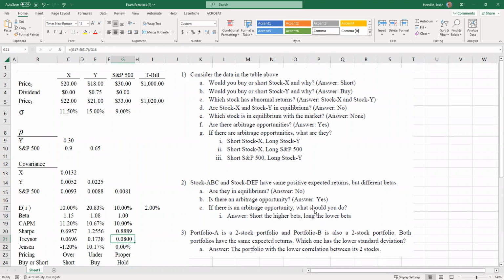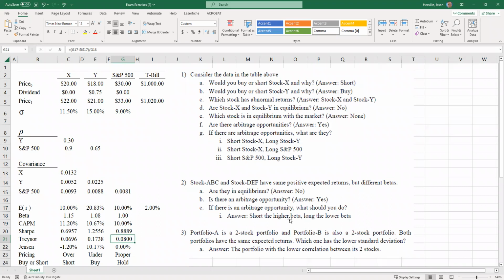If there's an arbitrage opportunity, what should you do? Well, because we don't know which one is going to be greater, we can tell that a higher beta will lead to a lower Treynor ratio. And the lower beta, because it's in the denominator, will lead to a higher Treynor ratio.